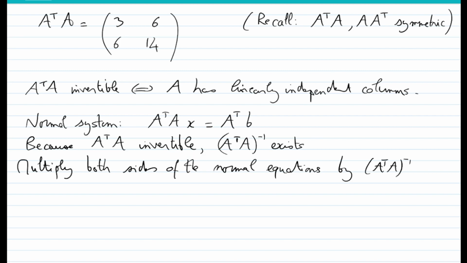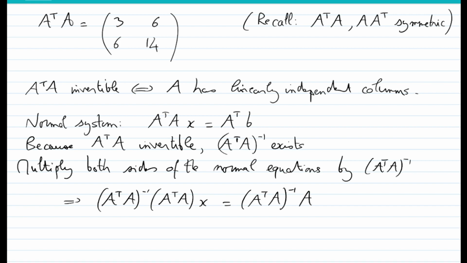So I get A transpose A inverse times, let me put a parenthesis here to really emphasize what we're doing, A transpose A, X, equals A transpose A inverse A transpose B. Of course, here I'm multiplying a matrix by its inverse, so what I get is the identity.